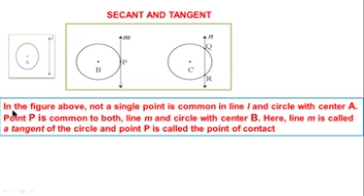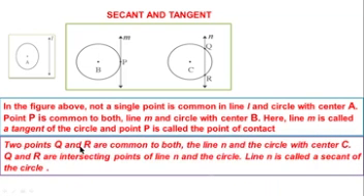Then point P is common to both line M and the circle with center B. Here line M is called a tangent of the circle and point P is called the point of contact.